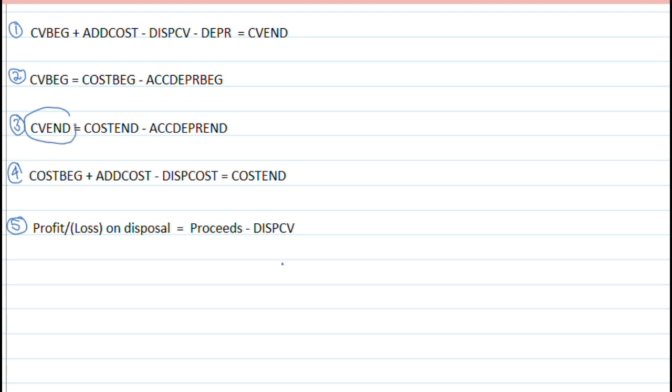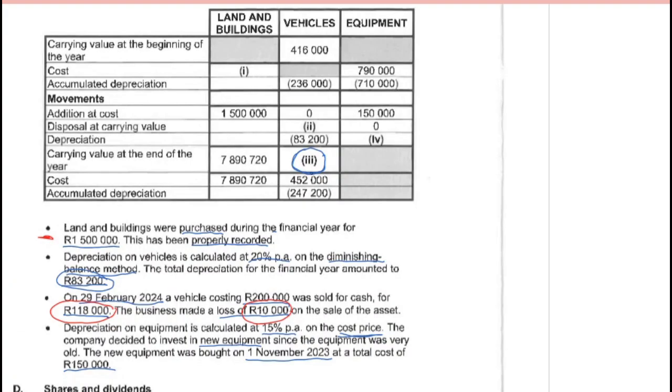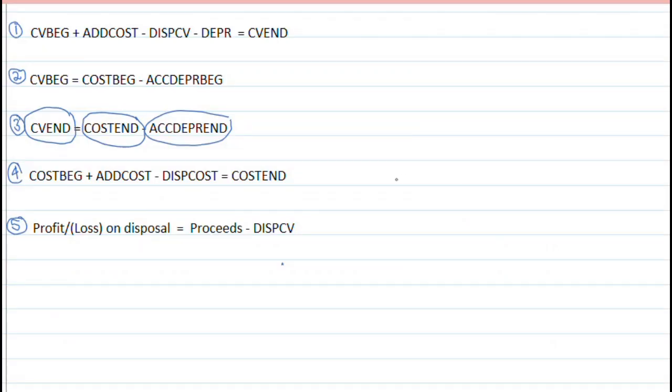Carrying value at the end of the year is equal to the cost at the end of the year minus accumulated depreciation at the end of the year. So we're taking the cost at the end of the year and subtracting from that the accumulated depreciation at the end of the year. So let's do the calculation.